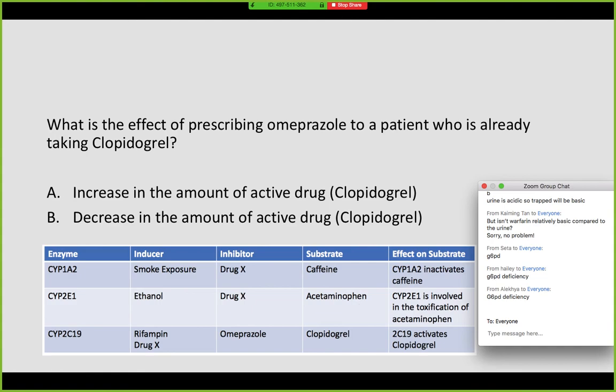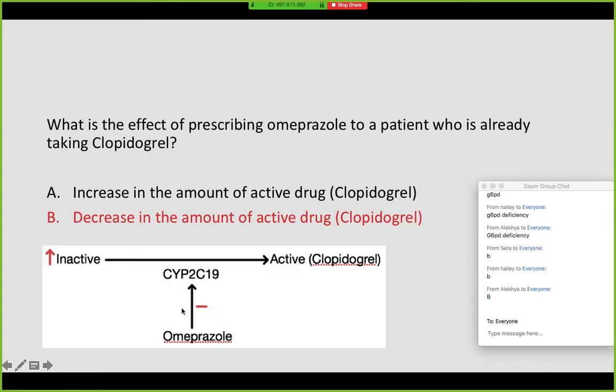Okay, so what is the effect of prescribing omeprazole to a patient who is already taking clopidogrel? Right, so the answer here is B.